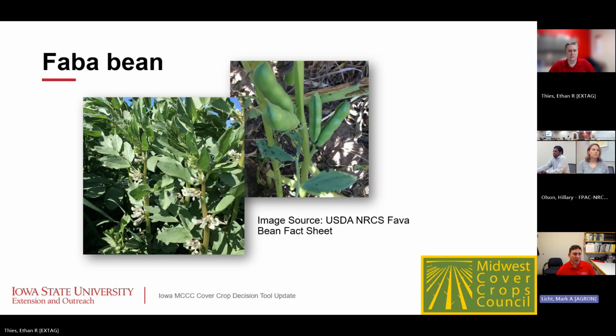So from a cover crop perspective, it probably works best in a mixture where you're trying to get that benefit of having a legume that can fix fair amounts of nitrogen, just because some of its other qualities are, I'll say, moderate in nature.